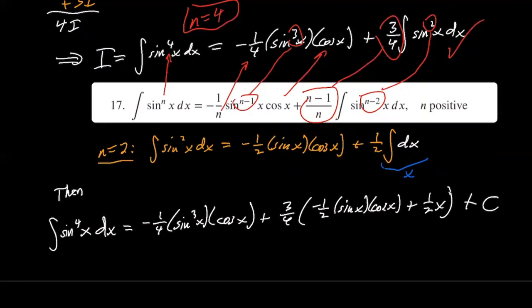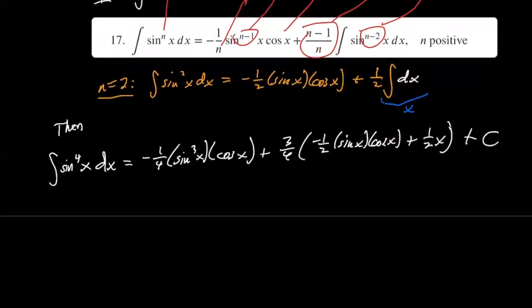Right, I said this integral of dx is really just an x. So that's why I put the x right there. Okay, and so let me just write a final answer. -1/4 sine cubed x cosine x. Oh, let's see, that's probably going to be a minus sign because we have 3/4 times -1/2.